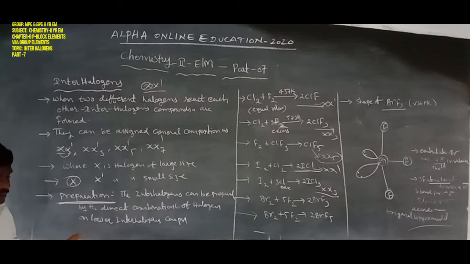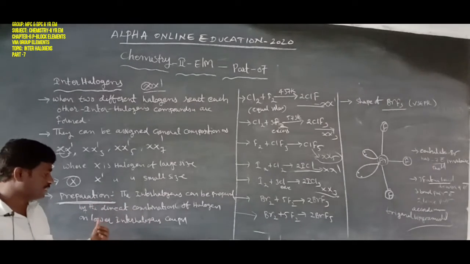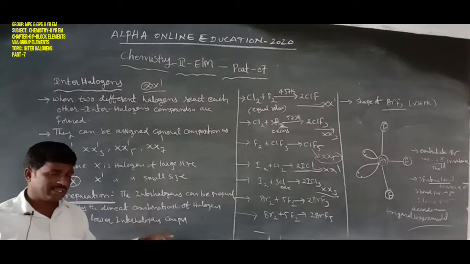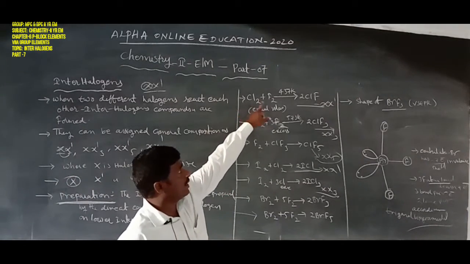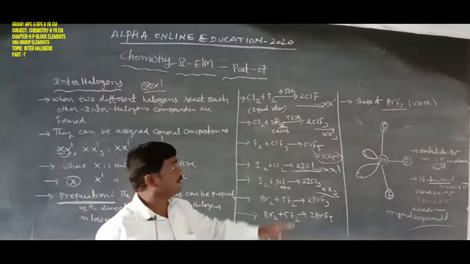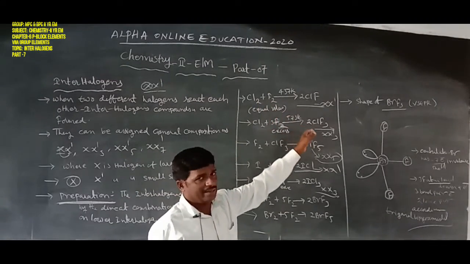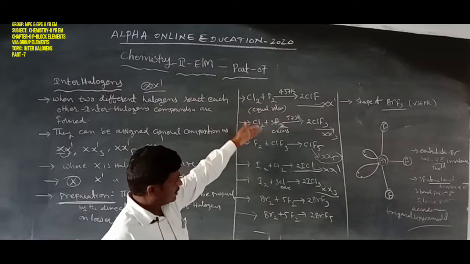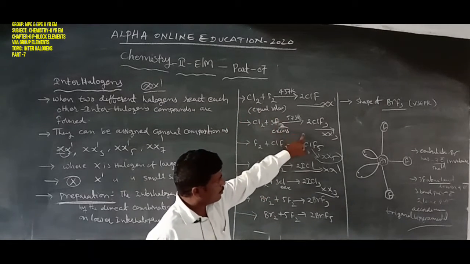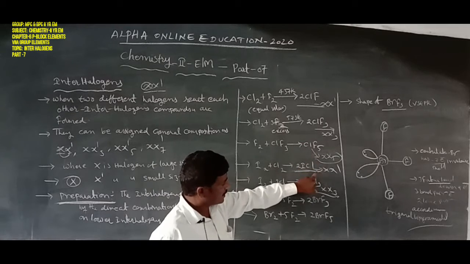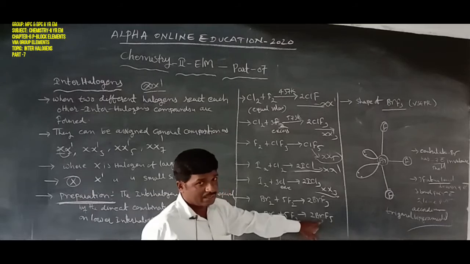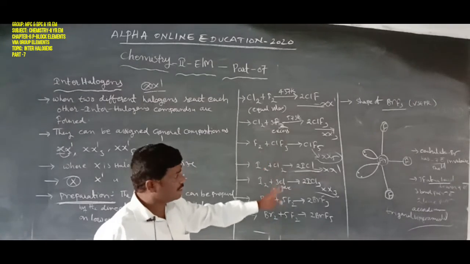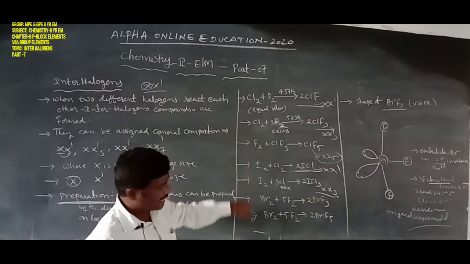Those interhalogen compounds can be prepared by the direct combination of the halogens at lower temperature, like Cl2 combining with fluorine at 437 kelvins to form ClF. These reactions prepare the XX1, XX3, XX5 types of interhalogen compounds.